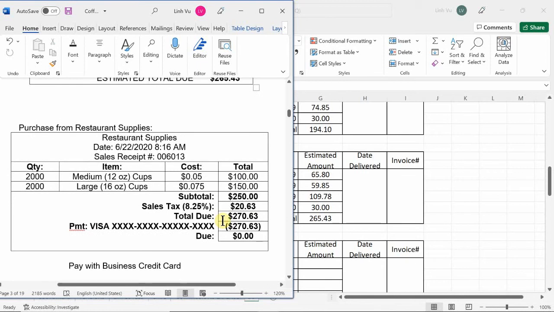Then next we went to restaurant supplies, and we end up purchasing more coffee cups, and we used our business credit card to pay for this. So how do I journalize this transaction?